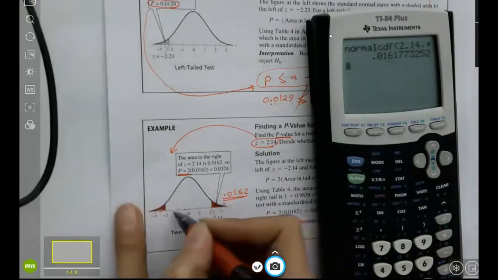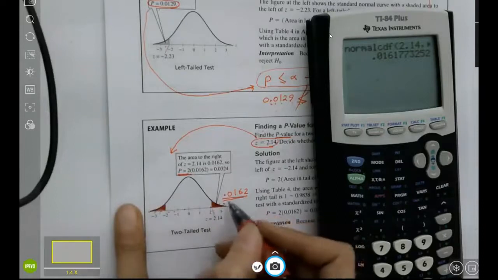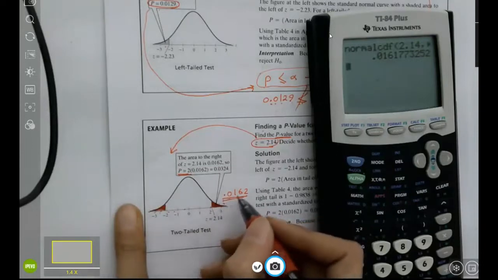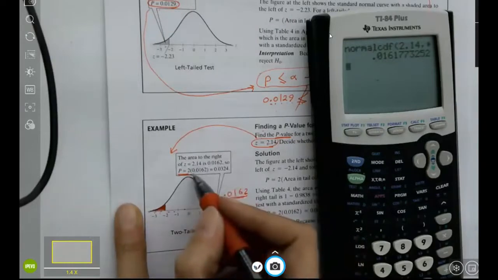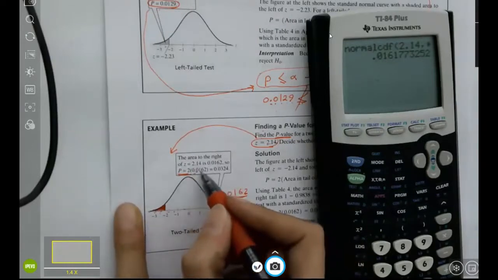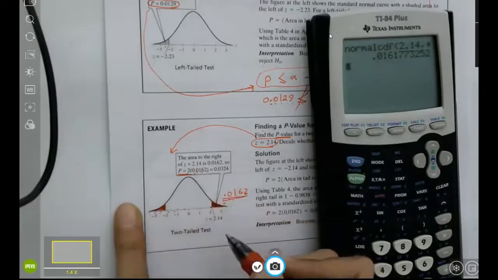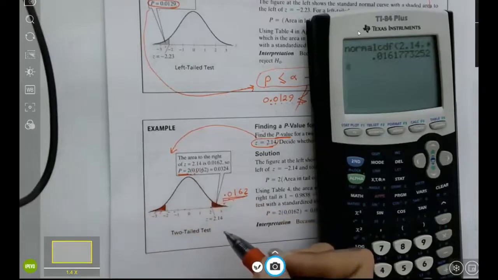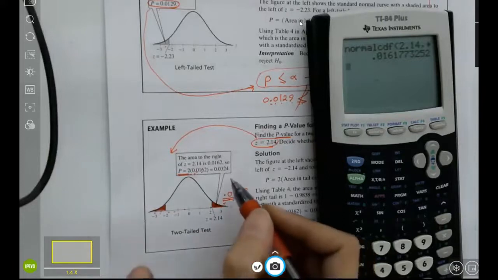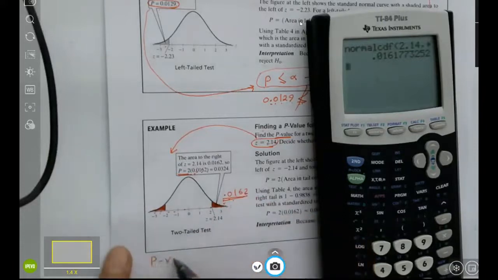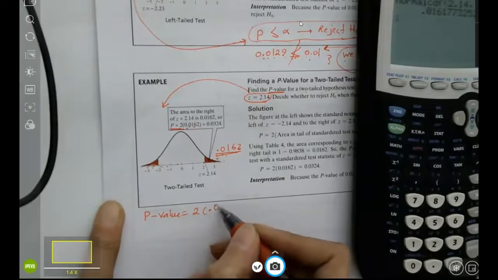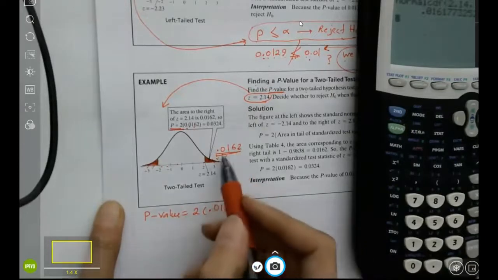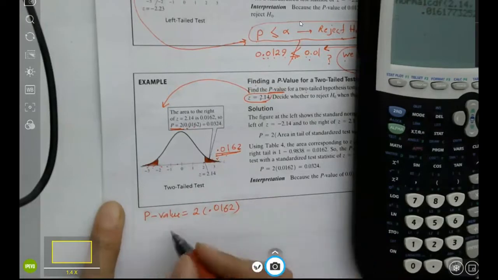2 areas altogether is 0.0162 plus 0.0162, or 2 times 0.0162. So your p-value is equal to, you can write it as 2 times 0.0162, or you can just add these two together, it doesn't matter.